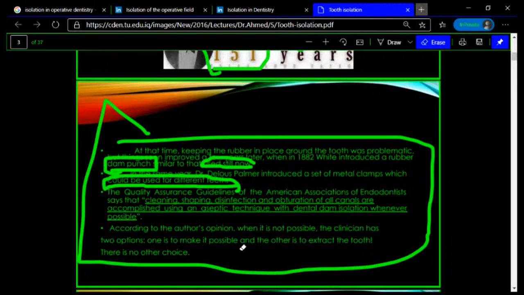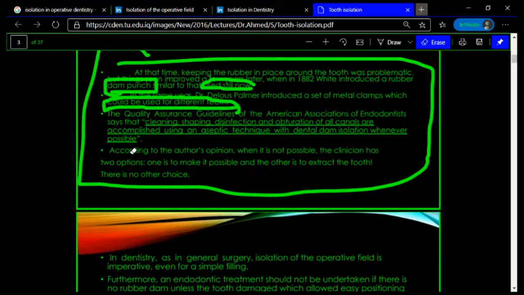One is to make it possible, and the other is to extract the tooth. There is no other choice. This is according, of course, to the author.